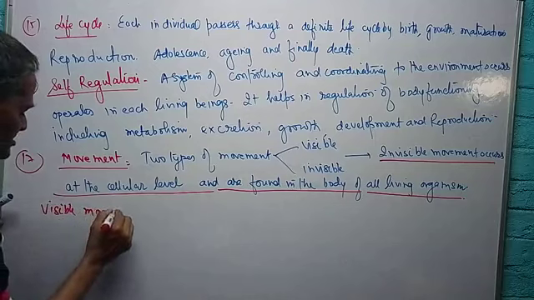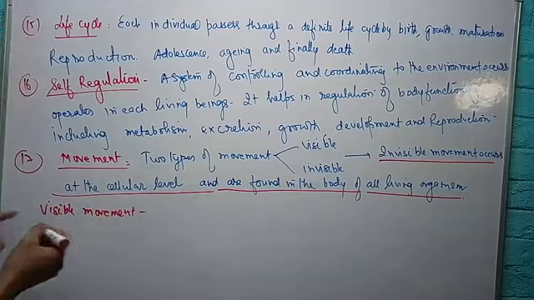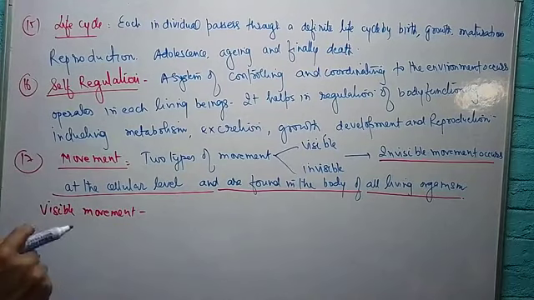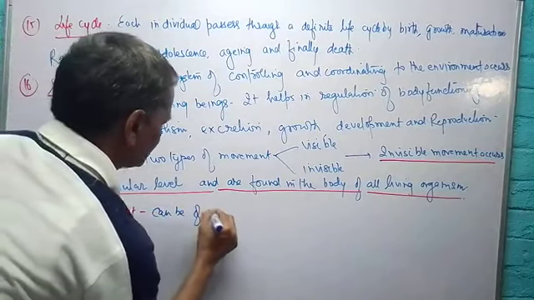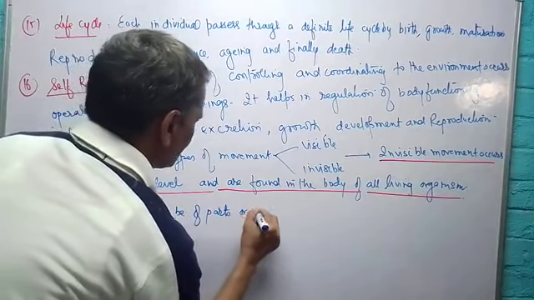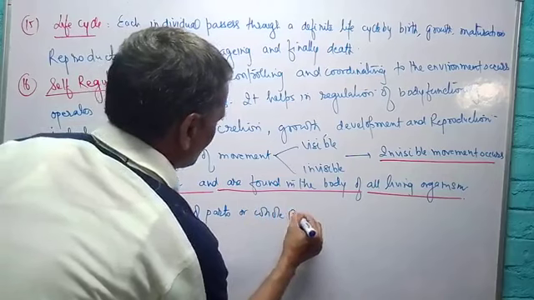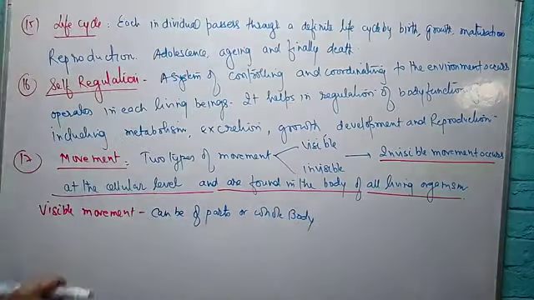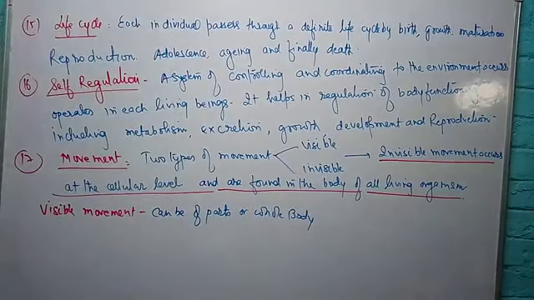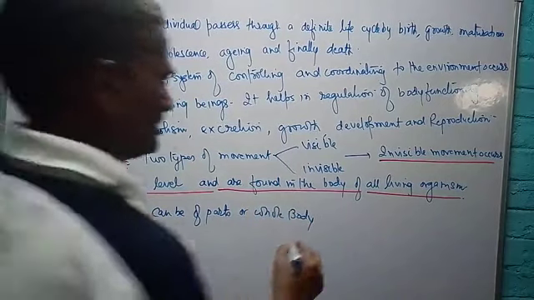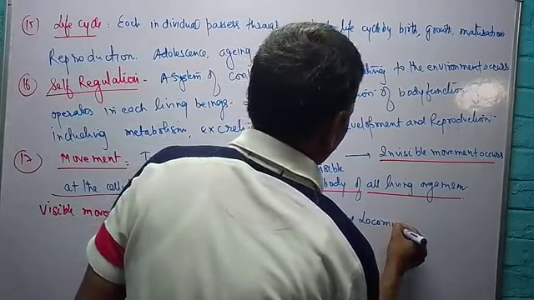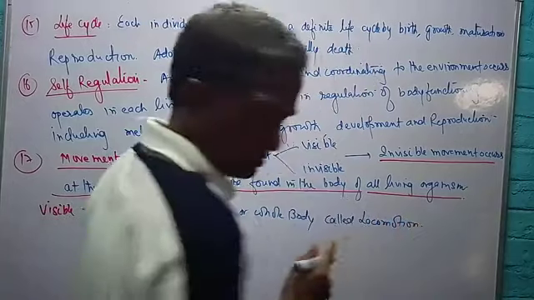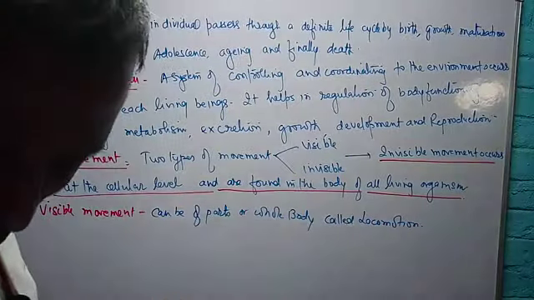Visible movement can be of parts or of the whole body, called locomotion.